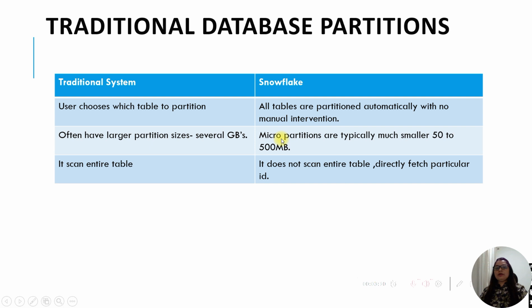In Snowflake, micropartitions are typically much smaller, 50 to 500 MB. In the traditional system, it scans the entire table, meaning it does a full scan of the table to find a particular record. Even once it meets the record or the specific condition, it will do a full scan to find out whether another same record is available in the table. This happens in the traditional system.